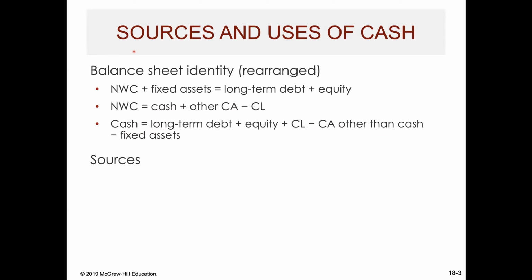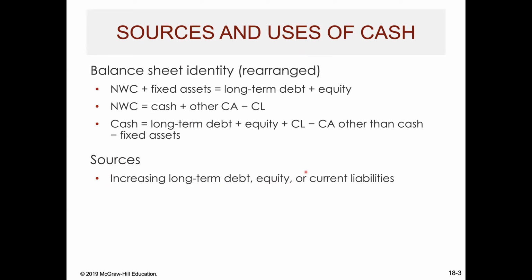So we've got sources and we've got uses. Sources is where are we getting the money from as a business? Uses, what are we using the money for? So sources would include increasing long-term debt. That would mean maybe we've taken out a long-term loan, so we will have a source of cash from that loan. Equity, that means investors have given us money and we've given them shares of stock in the company.